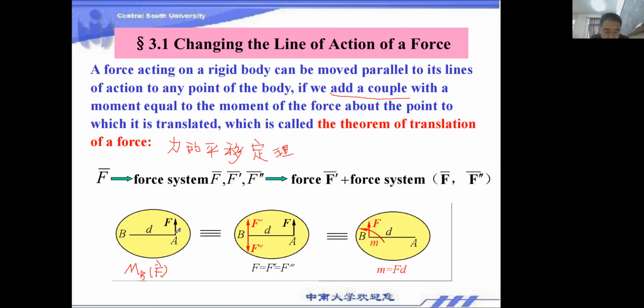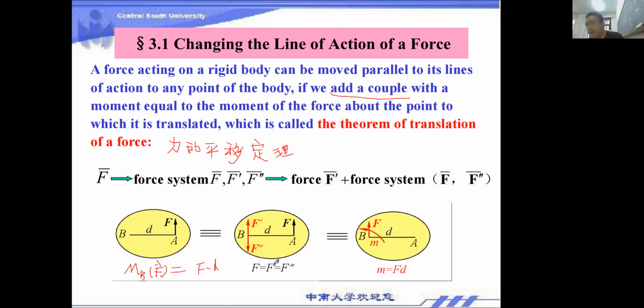But actually, it tells us if we translationally move this force F from A to B, we only need to add what? A couple. The magnitude of the couple will equal M_B(F). That's the moment of F about point B, right? Actually equal to F times d, right? We should always pay attention to its direction. Actually, this direction is counterclockwise.